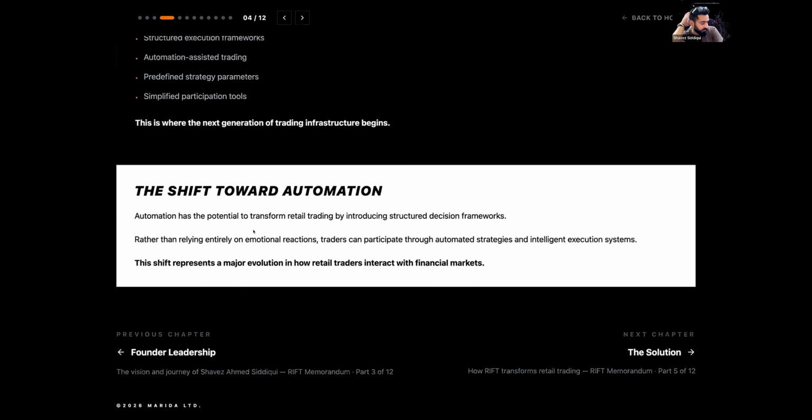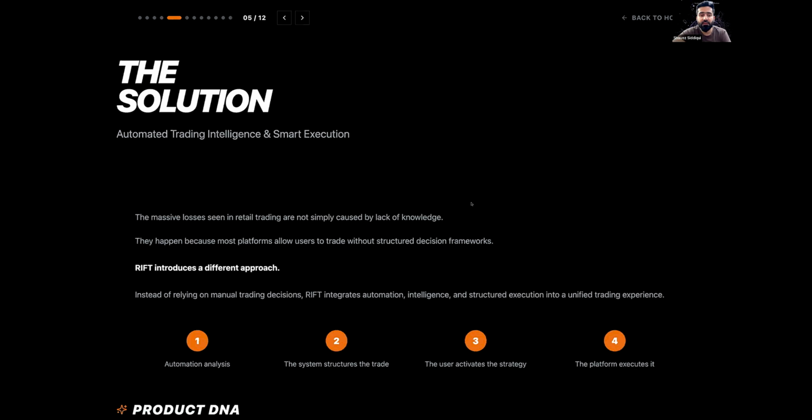Trading is being shifted over these algos, and currently more than 85 to 90% of trading strategies are automated. That's the core reason why professional traders, the trading houses and hedge funds, do not fail.